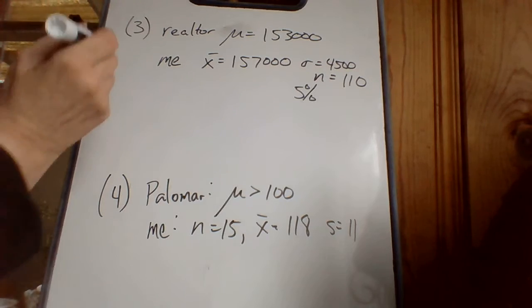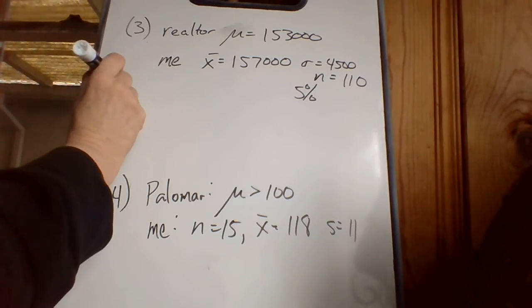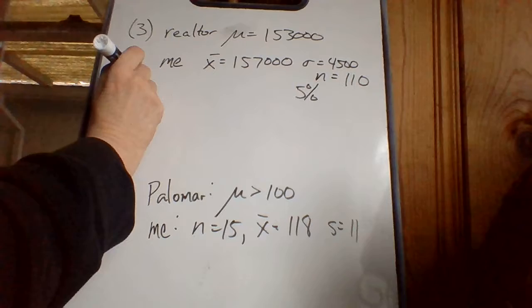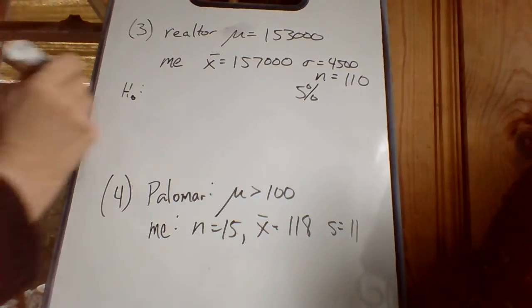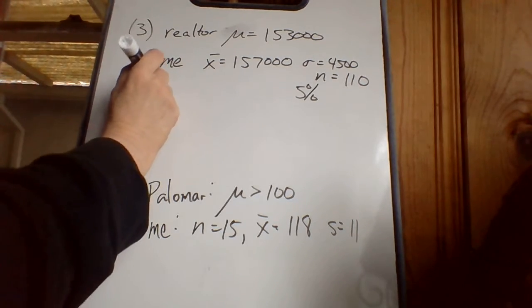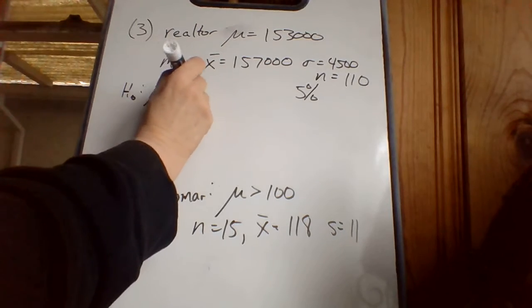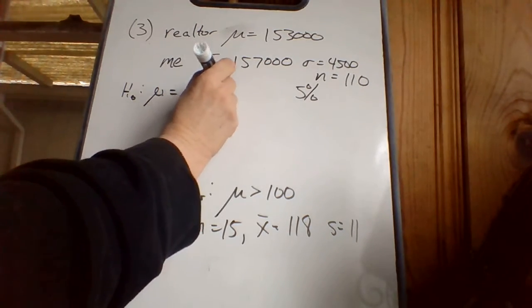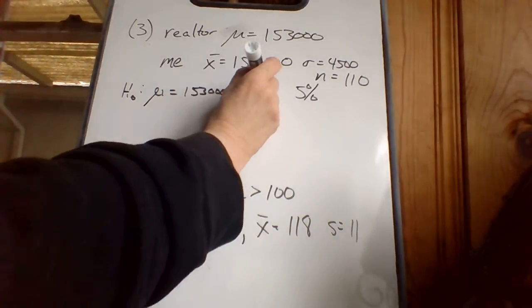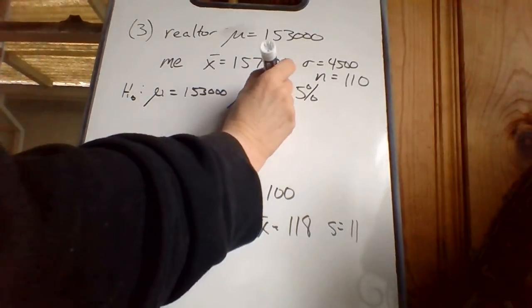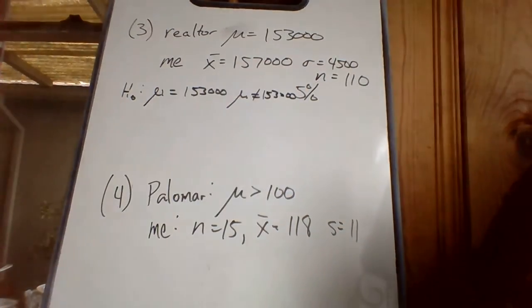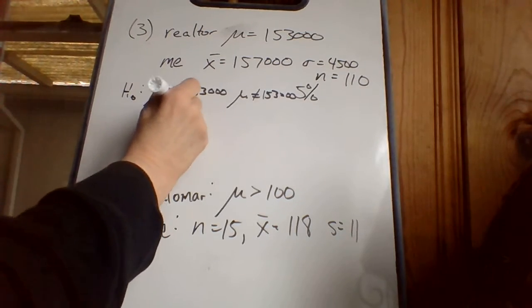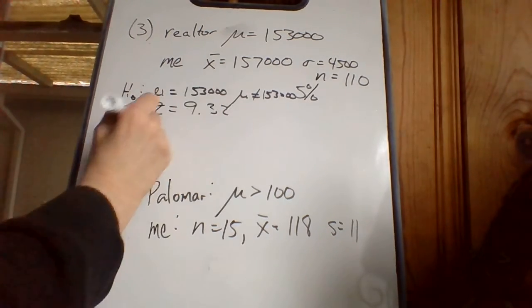All right. Hypotheses. The hypothesis is always the other person. I'm never included in that at all. I could write these down before I even did the survey. So mu equal to 153,000, mu not equal to 153,000. Then I go to my calculator, get Z, get P. Z is 9.32. Z's are not supposed to be that big.